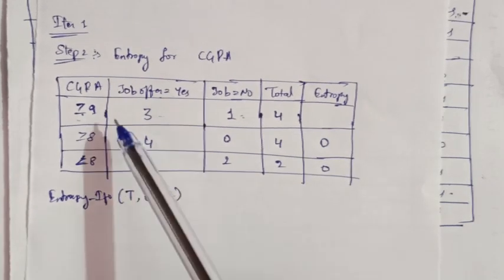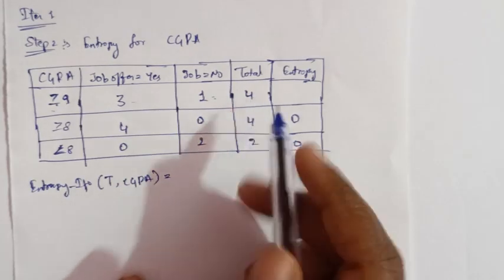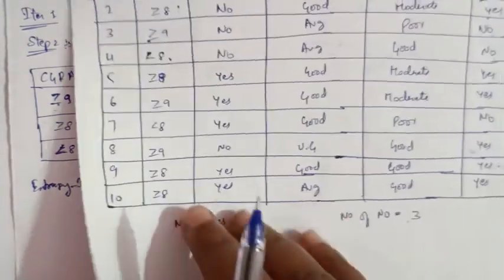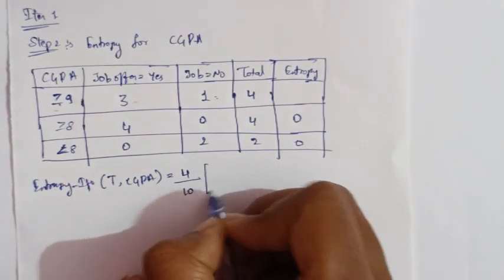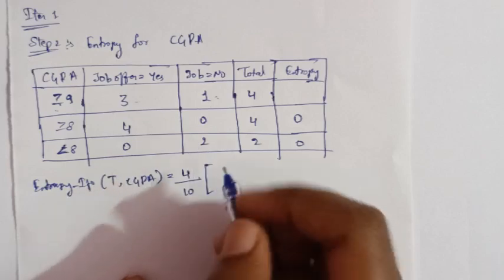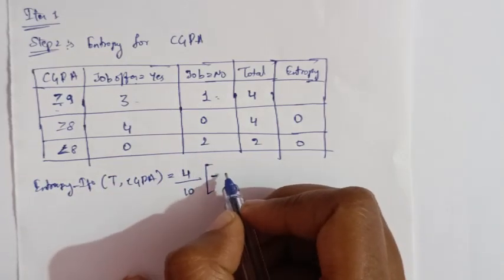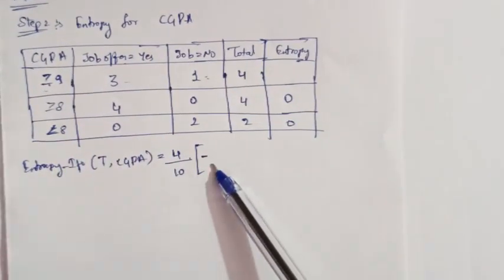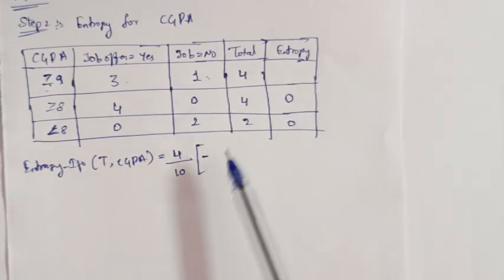Now we have to calculate the entropy for this instance. We take the total number of instances in this table, that is 10. Here we have taken minus out, but while calculating the entropy for each attribute, we have to take the minus inside.